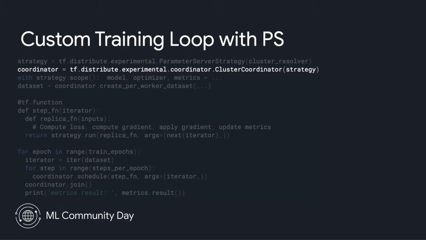Similarly, we create a model and an optimizer in the strategy.scope. We create datasets using the coordinator's create_per_worker_dataset method. We still have the step function wrapped into a tf.function, but we use coordinator.schedule to dispatch this function from the coordinator to workers. The last part is to call coordinator.join, which waits until all scheduled functions are executed.